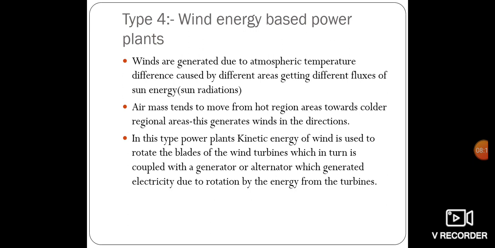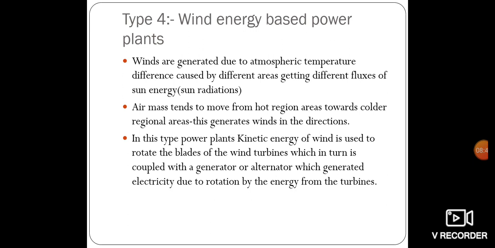Wind energy based power plants. Winds are generated due to atmospheric temperature differences caused by different areas getting different fluxes of sun energy or sun radiations. Air mass tends to move from hot regions towards colder regions. This generates winds in the directions.